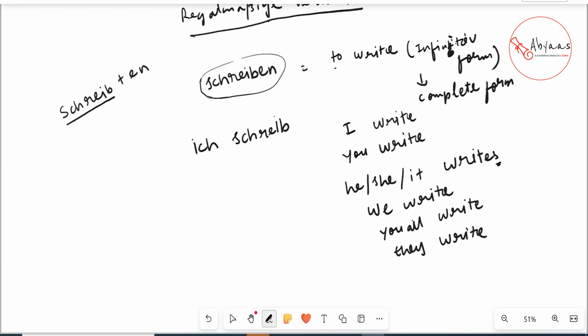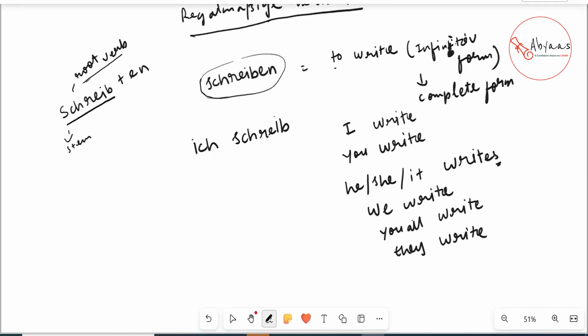I will call this one, in a few books it is written as stem verb, in a few books as root verb. Whatever you're comfortable with, you can call that. Let's call it a root verb. This root verb will be common for everything, just like how write is common for everything, right?